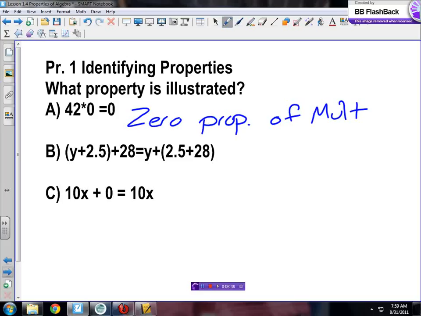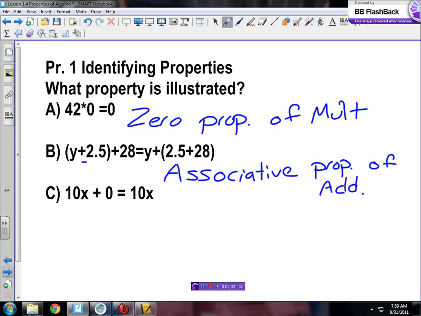Yeah, we can check the table on 23 and make sure you get these in your notebook so when you're taking a test, you don't have to sit there and think, well, I know it's one of them, but I need to guess. All right? But we said this was associative, right? Associative property of what? Addition, right? Because it's talking about addition. Property of addition. Good.